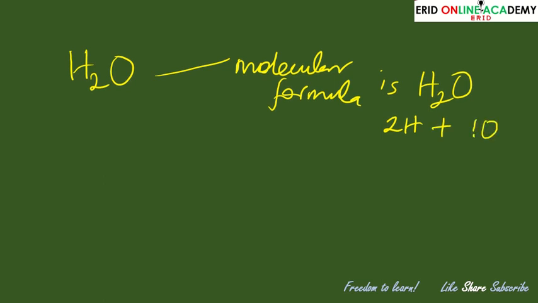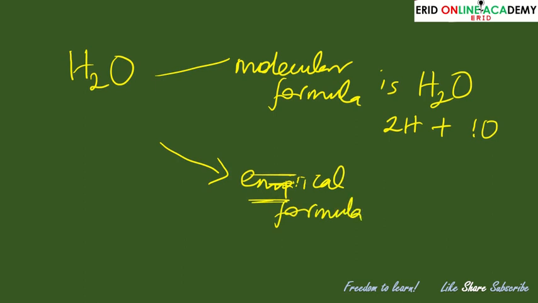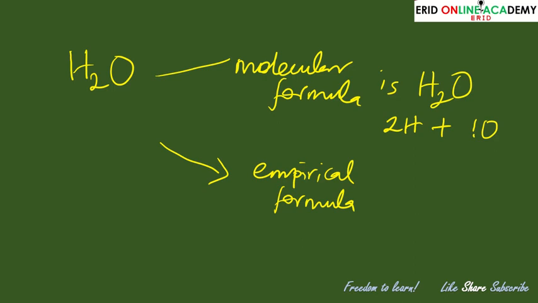So its empirical formula will also be the same as its molecular formula. The simplest ratio we can get is hydrogen to oxygen, 2 to 1. So the empirical formula is also H2O. So it is possible for a compound to have the same empirical and molecular formula.